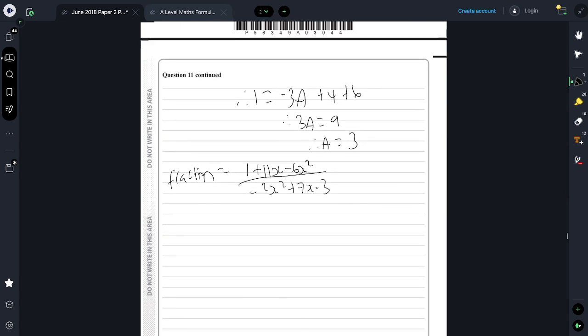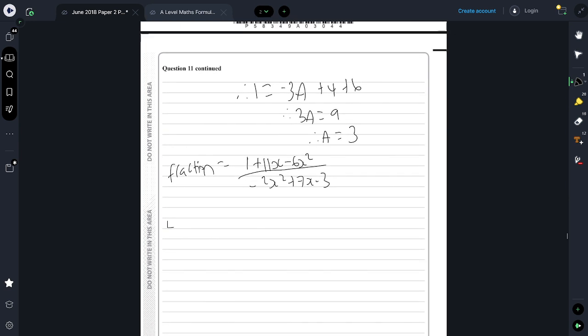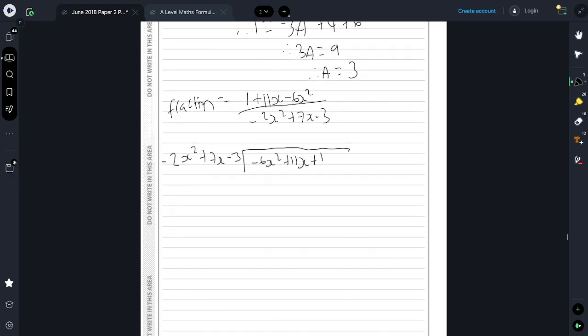So we want to set this up for division. So again, like always, put the bottom number, the denominator, outside the bus stop. And then put the numerator inside, but make sure it's in descending powers of x. So start with the highest power and then go down.